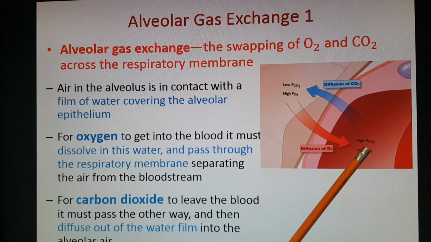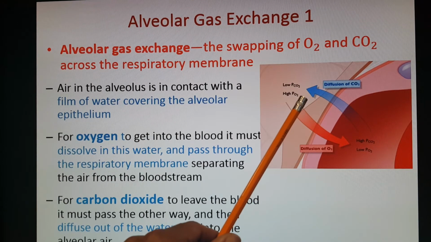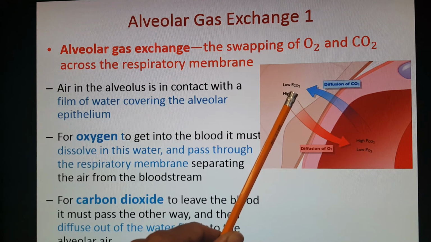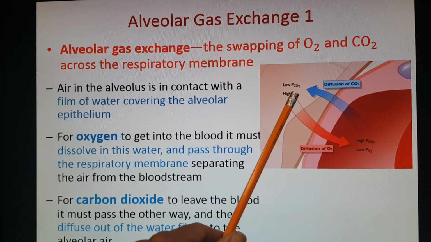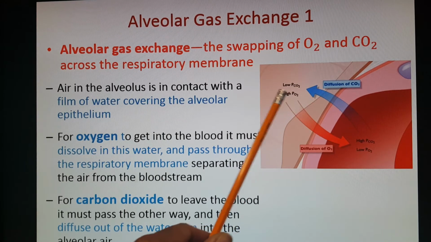Vice versa for your carbon dioxide, going from a higher partial pressure of carbon dioxide in the capillaries, from the carbon dioxide that's picked up from the body, driven across the respiratory membrane to an area of lower partial pressure of carbon dioxide in the alveoli.